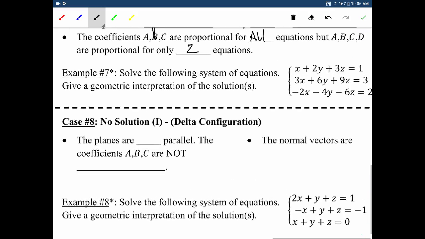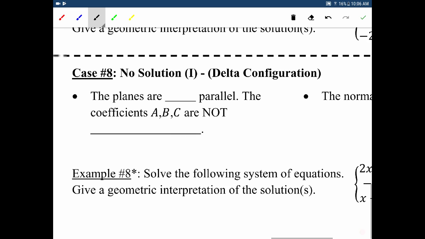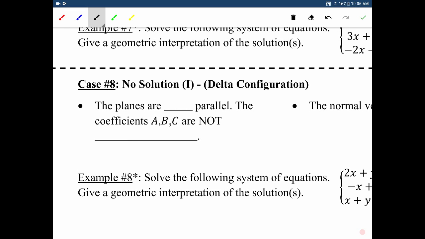Finally, the last one, delta. Which sounds like the coolest of the configurations if you ask me. But anyway, the planes are not parallel in this case. Okay? The coefficients in A, B, and C are not proportional. Okay?